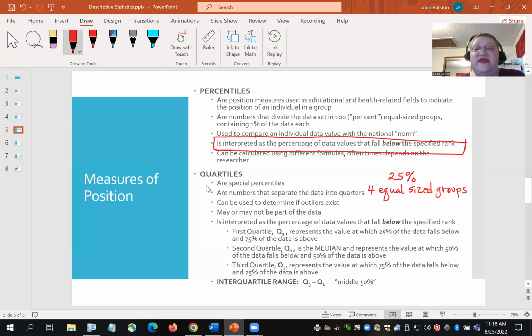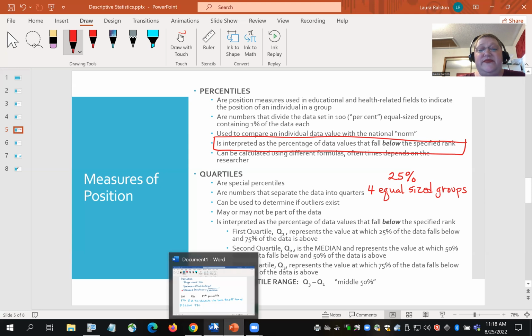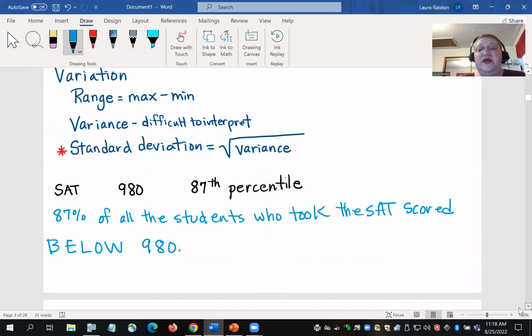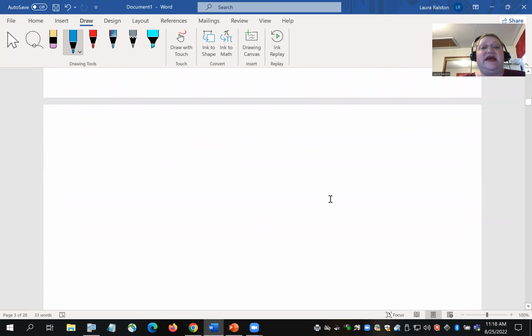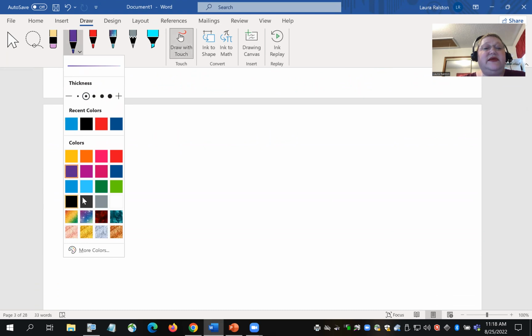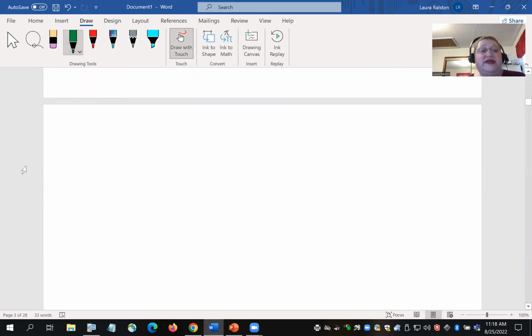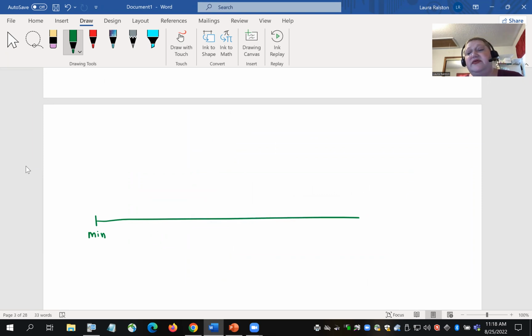And then I've given you the interpretation, but I want to show it to you in a diagram, of what we're thinking about with the quartiles. So I'm going back over to my paper. If we have a data set, we would order it so that we have the minimum value all the way up to the maximum value.